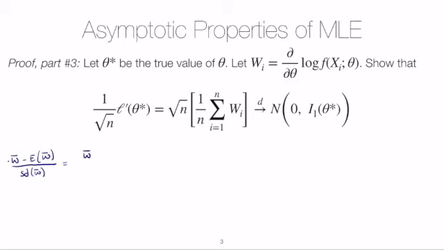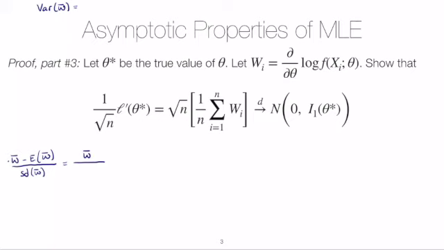So the numerator will just be W bar. Now the standard deviation of W bar will be the square root of the variance. And what's the variance of W bar? Let's see. We sort of did it on the last slide, but there's just a constant difference there.